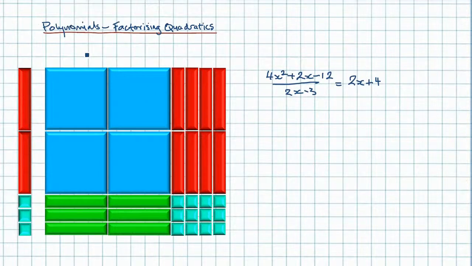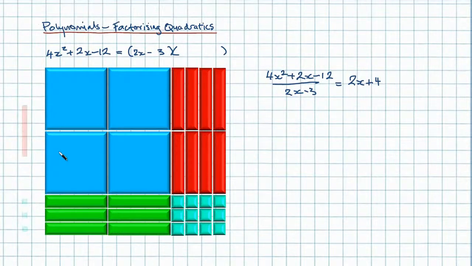If I had just this central area here, so 4x squared plus 2x minus 12, and I didn't have any sides, could I still get these factor pairs? Could I still get, let's do the brackets there, 2x minus 3, which we've been given here. Well, let's get rid of it.